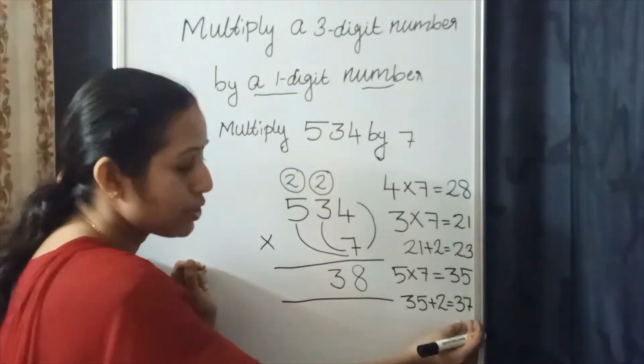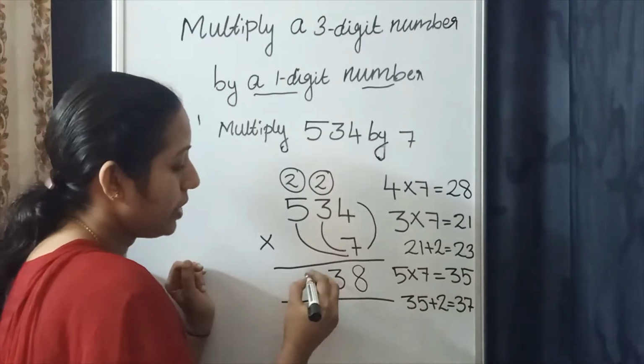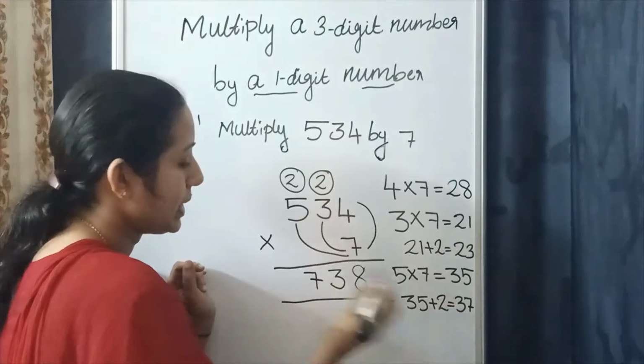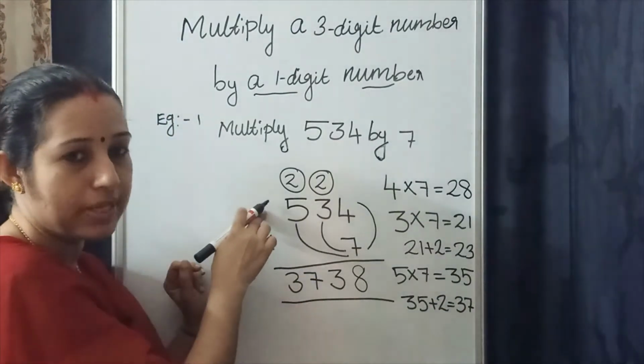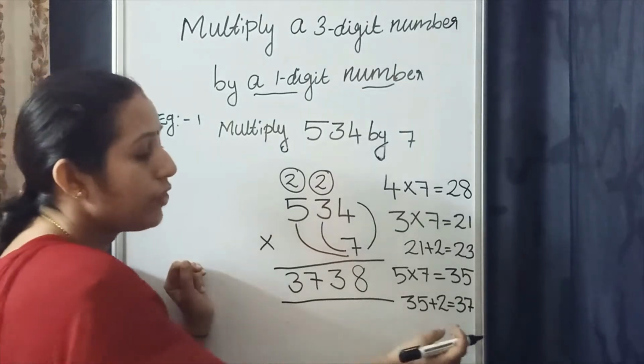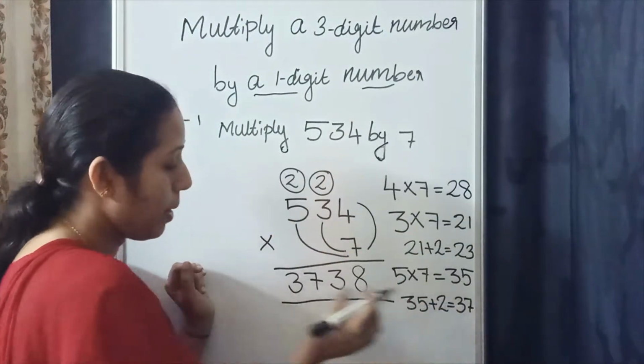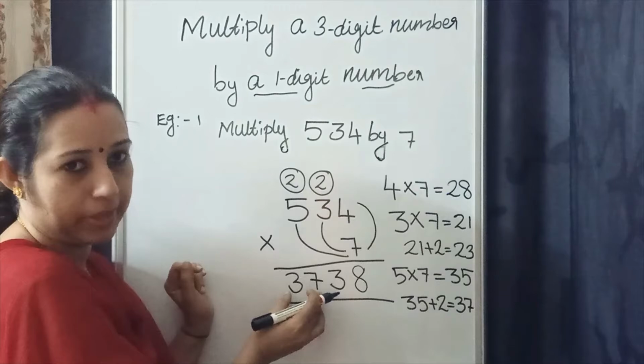Then we write these two digits here: 7 in the hundreds place and 3 in the thousands place. Is there any thousands place digit here? No, so we write both numbers in the product place.